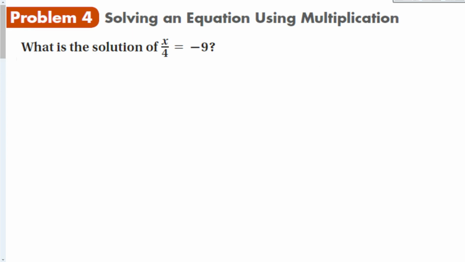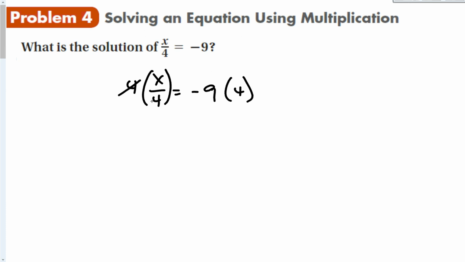After multiplication comes division. So to solve this equation, and I'm just going to write it over again so I have a little more room, which has division, x divided by 4 is equal to negative 9, in order to solve it, I need to multiply both sides by 4.